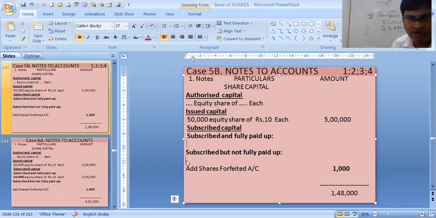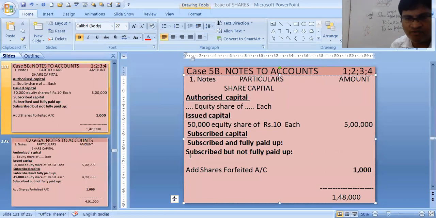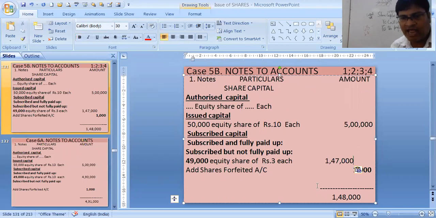So it is not fully paid up only. So 1,47,000, and the remaining amount 1,000 is the share forfeiture value that we have written over here. For case 5B, the forfeiture value is 1,000. So the total amount is 1,48,000.